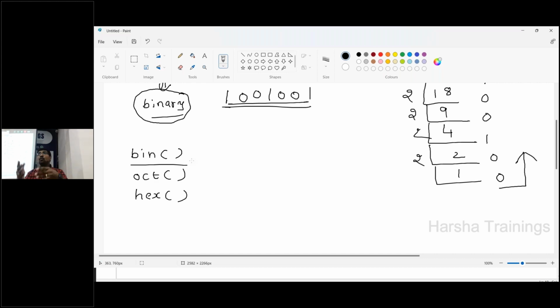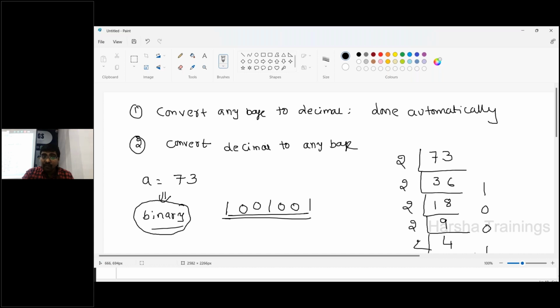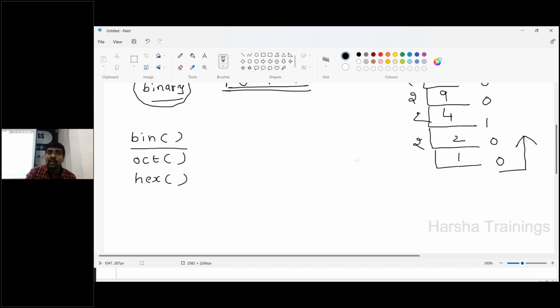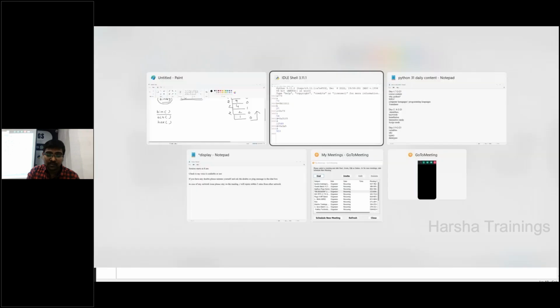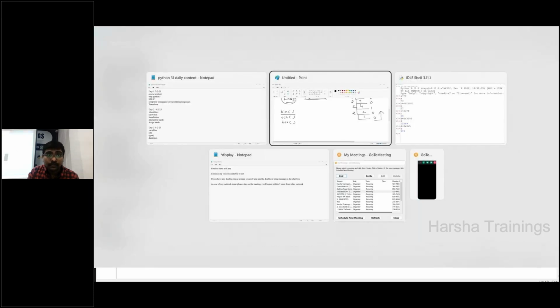In Python, we have one more advantage. Up to now, what I said was convert decimal into any base. Right now, not only decimal, you can use anything. I will explain with an example. This is the shell.